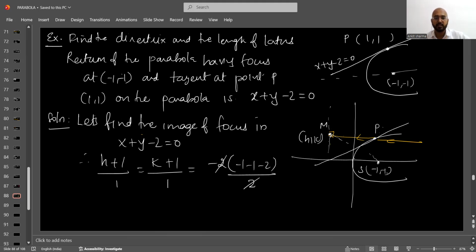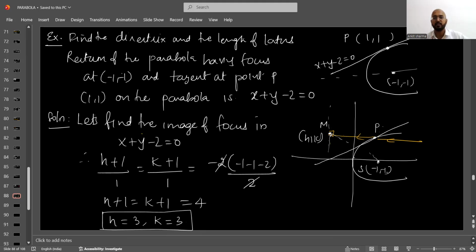So the 2 and 2 get cancelled, and I have h plus 1 is equal to k plus 1 is equal to 4. So from here I get h is equal to 3 and k is also 3. So I got the image to be 3 comma 3. So M is going to be (3, 3). Now I have my point P, which is given to be 1 comma 1.